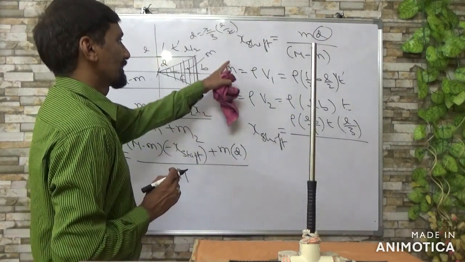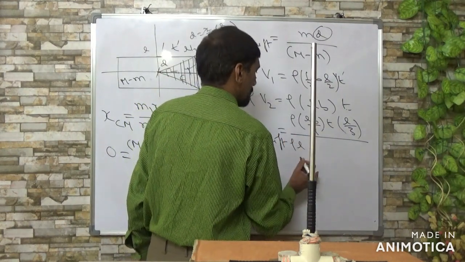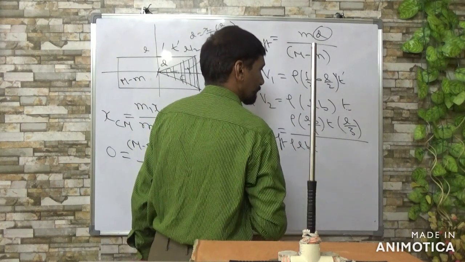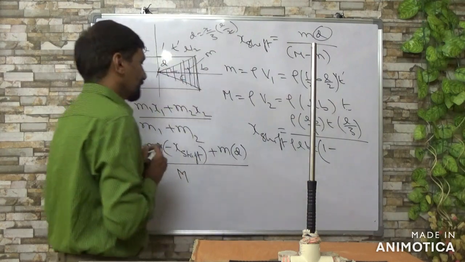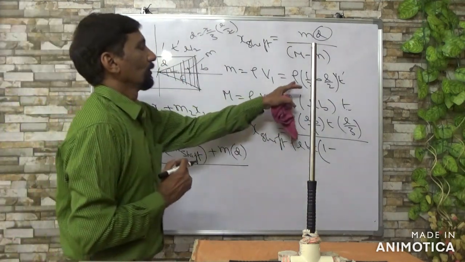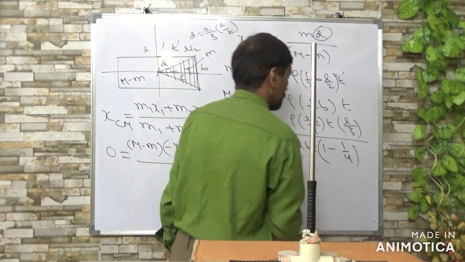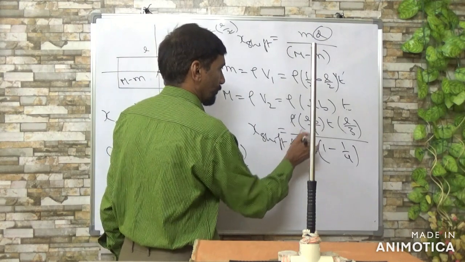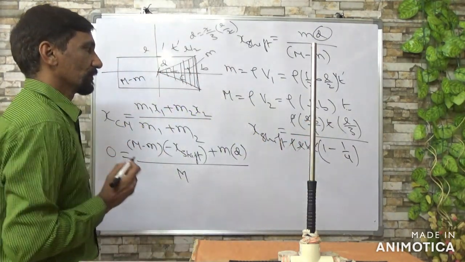So you can take M minus m, that is rho L B T, you can take common 1 minus the removed mass rho L B T by 4, so 1/4. So you can cancel the common terms rho L B T.